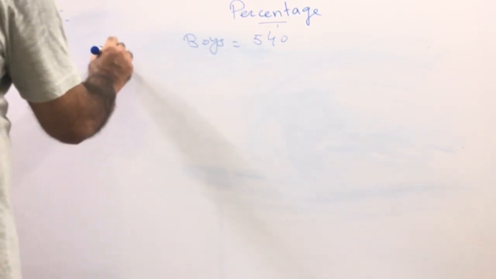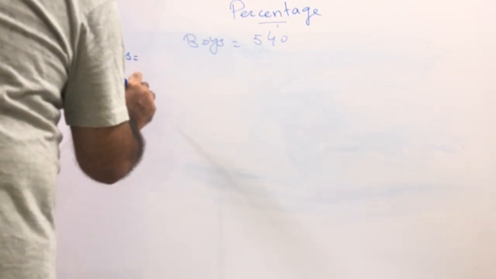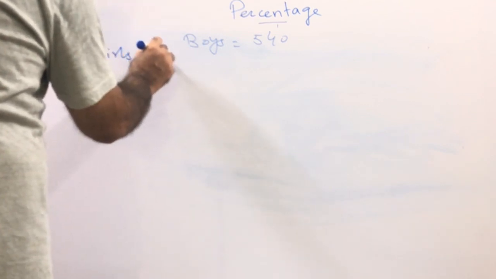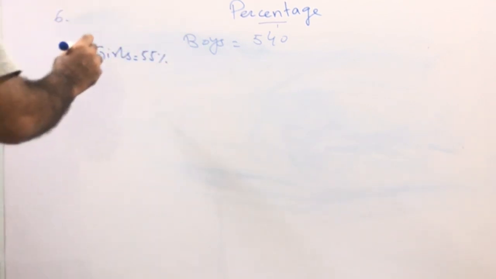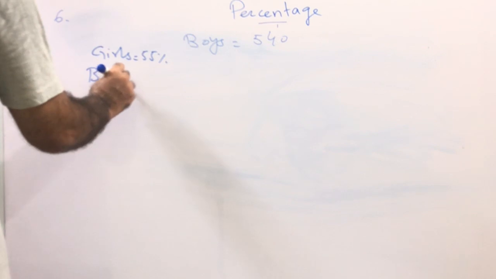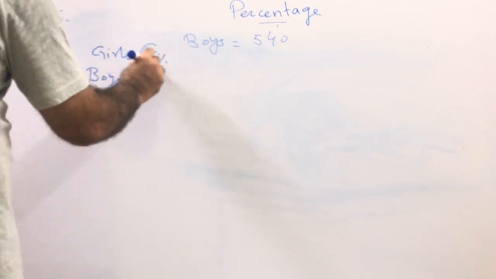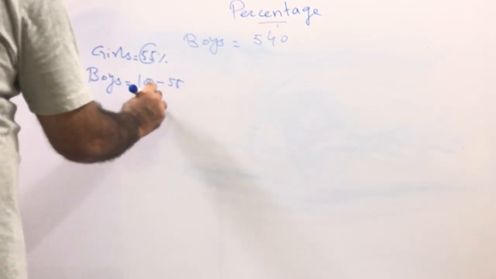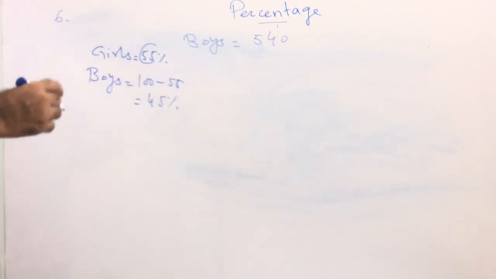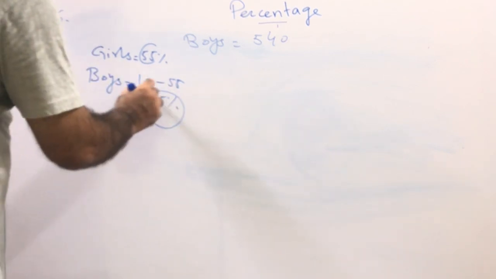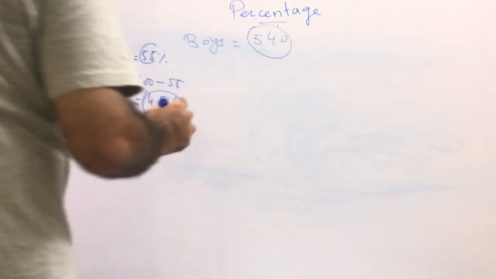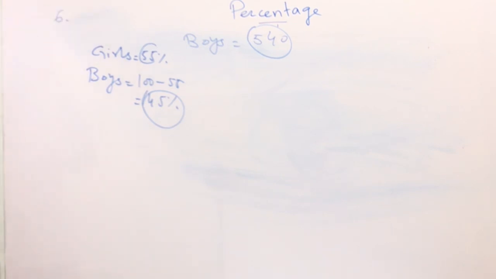If total is 100%, boys will be 100 minus 55%, which is equal to 45%. So now we have two things: boys are 45% and boys are 540.